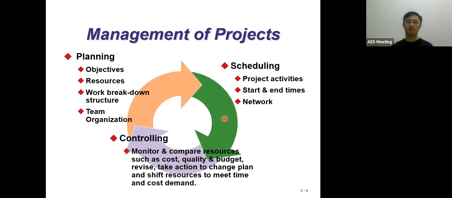After scheduling comes controlling, and controlling provides feedback for the next planning. Therefore, this is the cycle we have in order to keep the project ongoing, reducing project errors and whatever problems might happen in the future. So in the management of the project, we are quite constant in wanting all of this to be in place from the beginning.